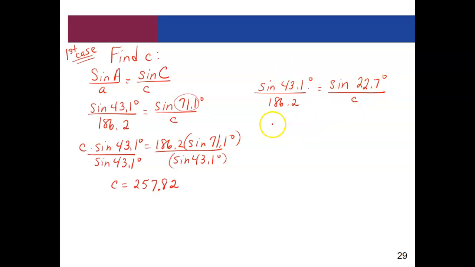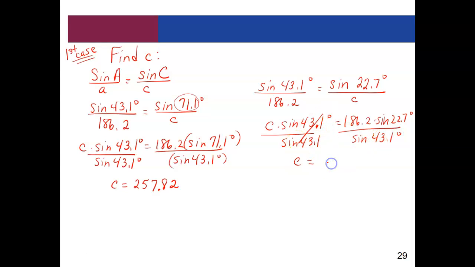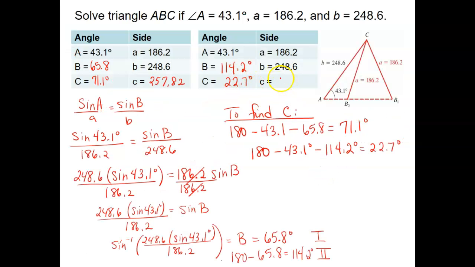Then we're going to solve this the same way, cross multiply, divide by the sine of 43.1. And so when we put all of that in the calculator, we're going to have 105.16 as the length of side C for the second triangle. So I'm going to go back and fill that in here, 105.16.